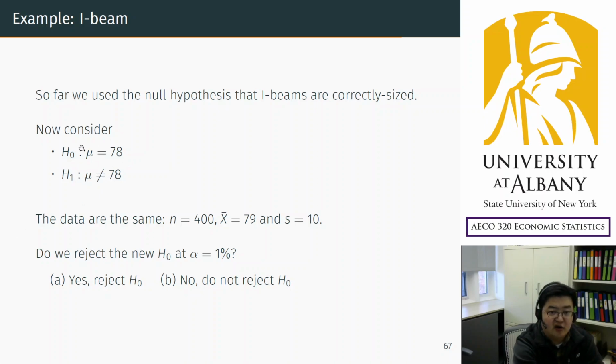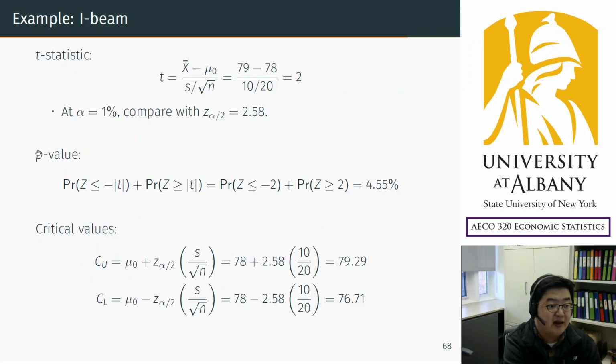Using the new null hypothesis, we do the testing. You may use either method, whatever you like: p-value, t-stat, or critical value. Choose whatever you like, use 1%, and make a decision. Okay, pause the video if you need time. So the answer is, let me just show you all three ways. T-statistic: observation is 79, belief is 78, standardized, then the t-statistic is now 2.